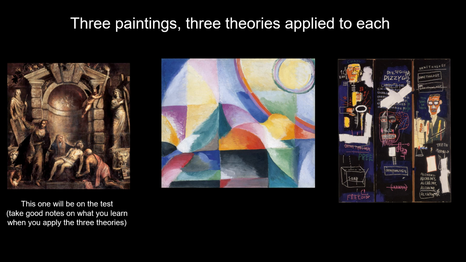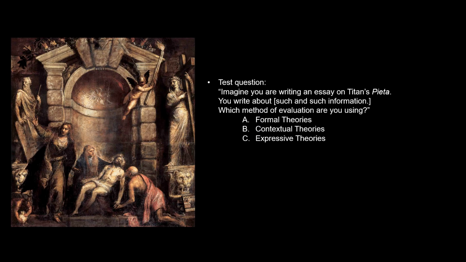So let's talk test. Right, so this is a work of art by the artist Titian, and this, as I said, is the one that's going to be featured on the test. The test question is written as a multiple choice matching question, and it's phrased a little bit awkwardly. It's phrased as, imagine you are writing an essay on this painting, and you write about such and such information.